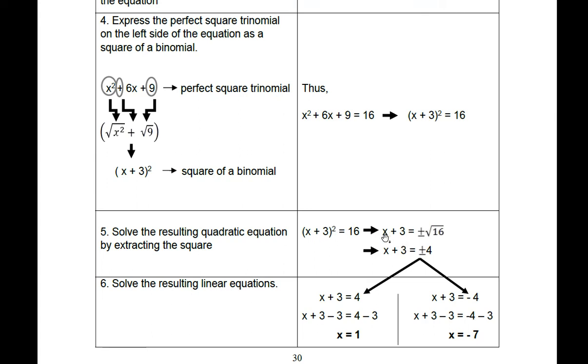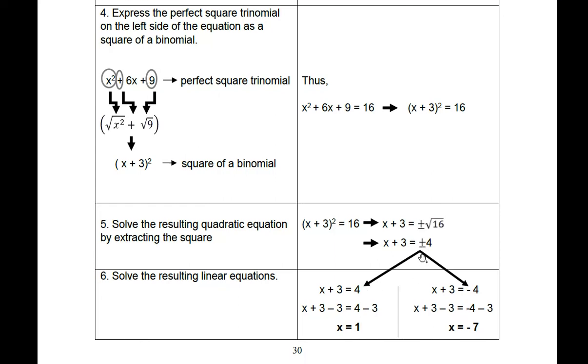Then matitira yung x plus 3, then the square root of 16, that is positive or negative 4. So in here we have two equations, so separate natin. So that is x plus 3 equals 4 and x plus 3 equals negative 4. Then find the value of x.